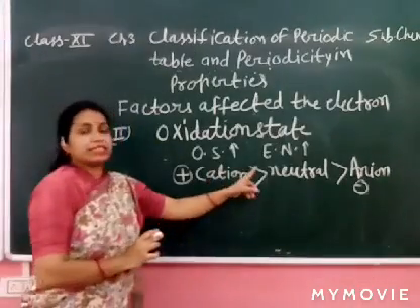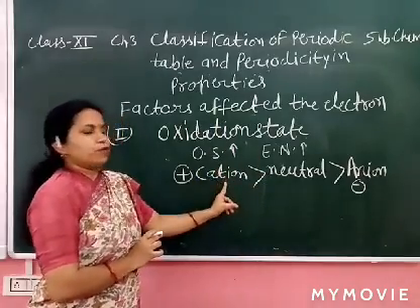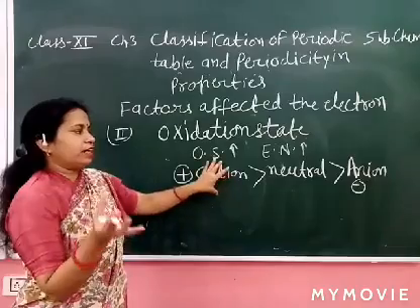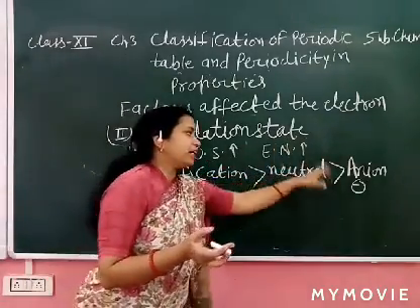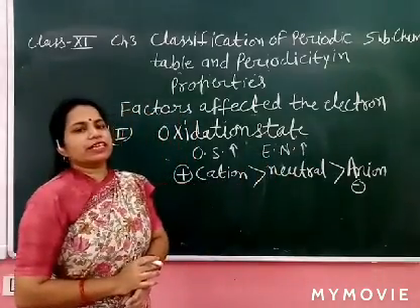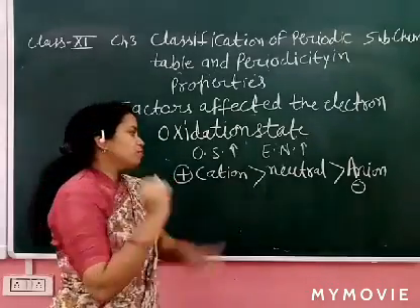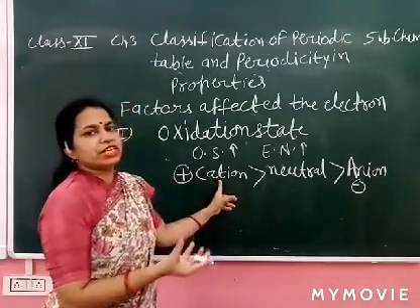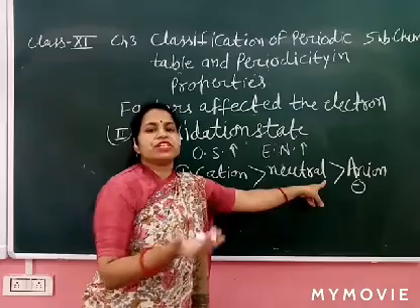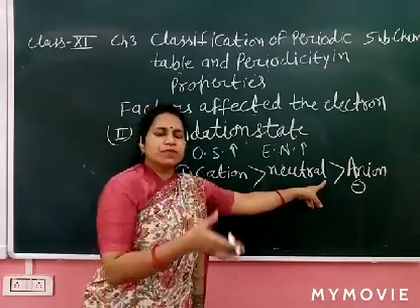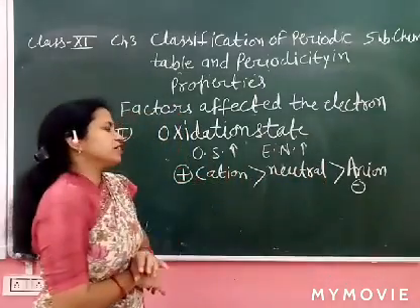We already discussed neutral atom and positive cation. Cations are smaller in size than the neutral atom. Anions are larger in size than the neutral atom because of nuclear charge. In cation, the effective nuclear charge is increased. In anion, it is decreased because the number of shells is increased, so the size of the atom is increased. So this is the reason.